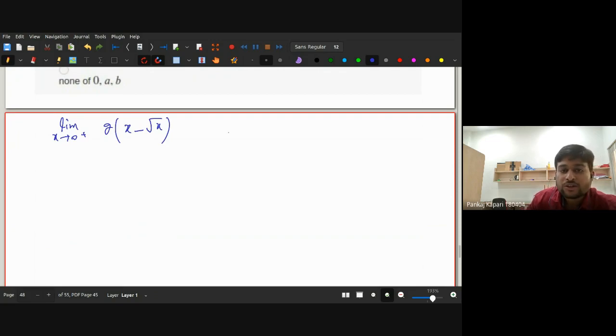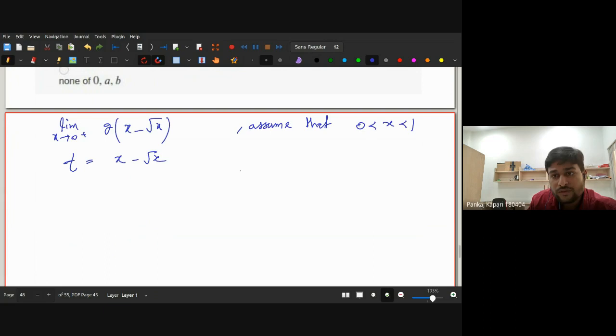Because x is approaching 0 from the positive or right hand side, we assume that x lies between 0 and 1. If you make a change of variable by taking t as x minus root x, you want to find the sign of this t.